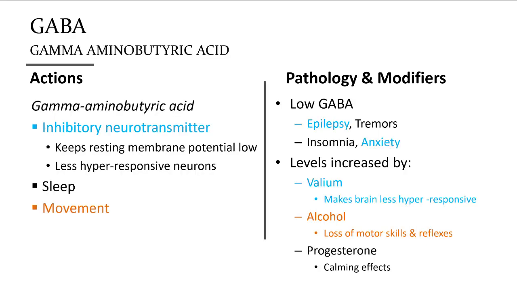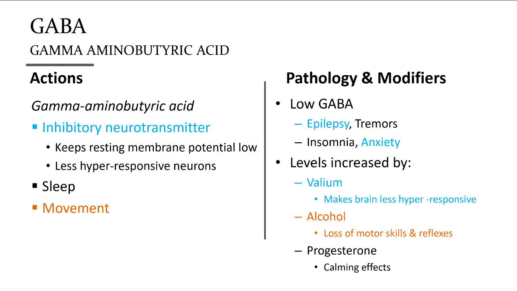GABA is our inhibitory neurotransmitter. And if somebody doesn't have enough GABA, or the GABA levels are not high enough in certain parts of the brain, it might lead to somebody being triggered more easily, such as occurs in somebody having an epileptic fit. So epilepsy is associated with not enough GABA, and so the neurons are too responsive.